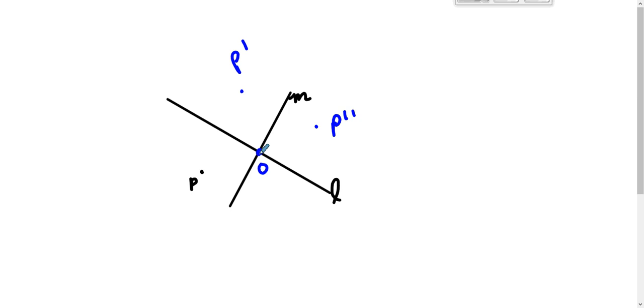This is the half-turn centered at O of P, and O is definitely the midpoint of that segment. You can prove that. Not terribly difficult to prove.